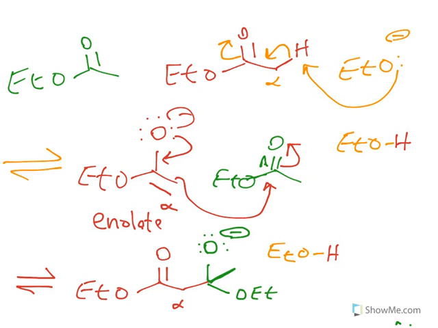All right. So now what we're going to do is have the tetrahedral intermediate collapse. All right, so what we have here is this carbon, which I'm highlighting with the green dot, is a tetrahedral intermediate, and it's going to collapse by kicking off a molecule of ethoxide. All right, so this is a reversible step, and we need to move on to the next page.